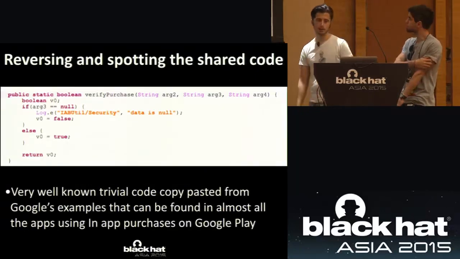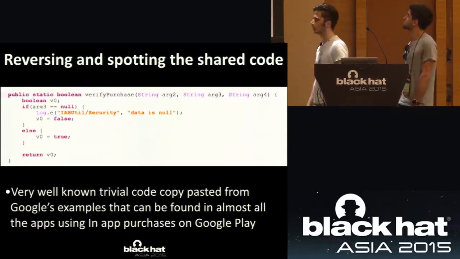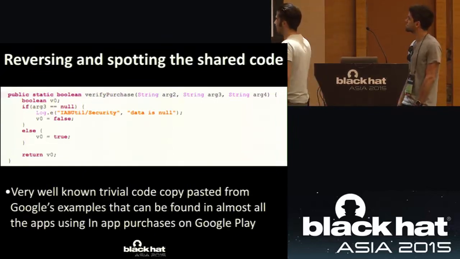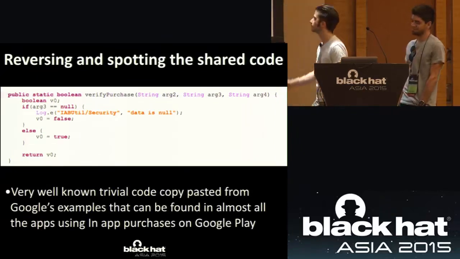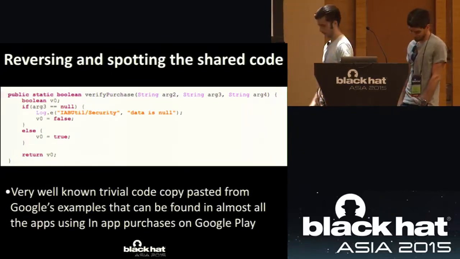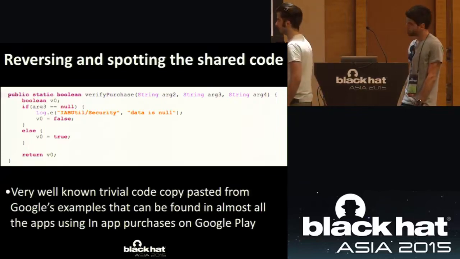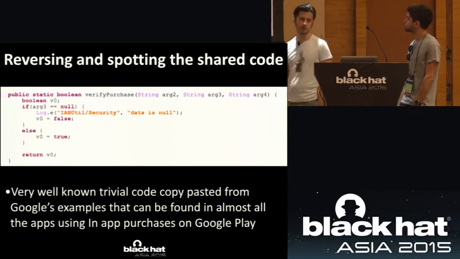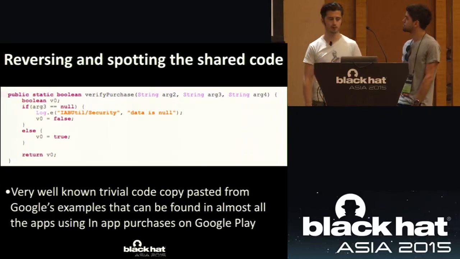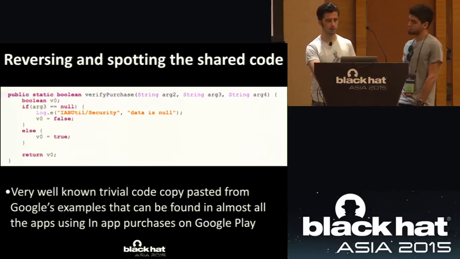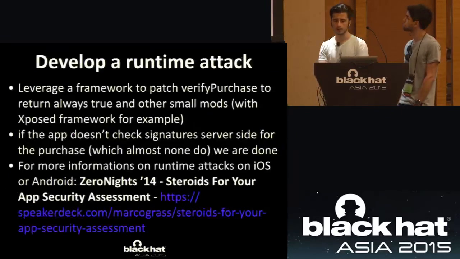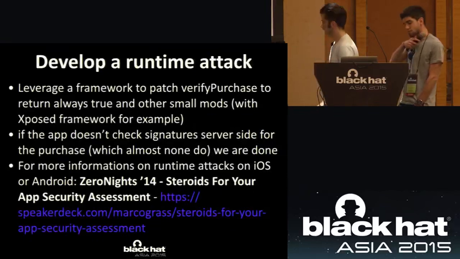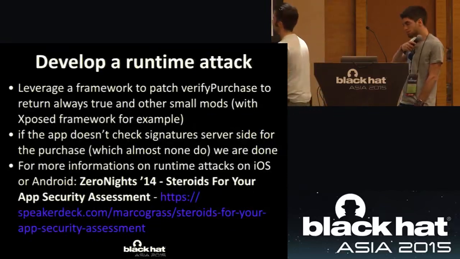So here we have a simplified version of the code for in-app purchase in Adobe Air. Basically they copy and pasted the examples from Google about in-app purchase. At the end of the day, there is some function that returns a Boolean if the purchase is verified or not. So what we did is at runtime, we patch those methods with a variety of frameworks.